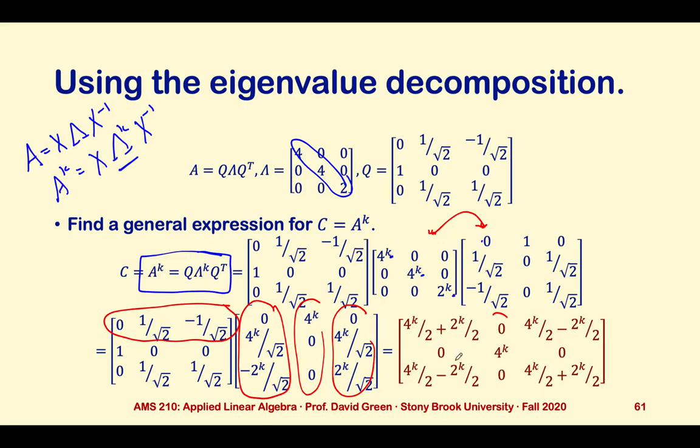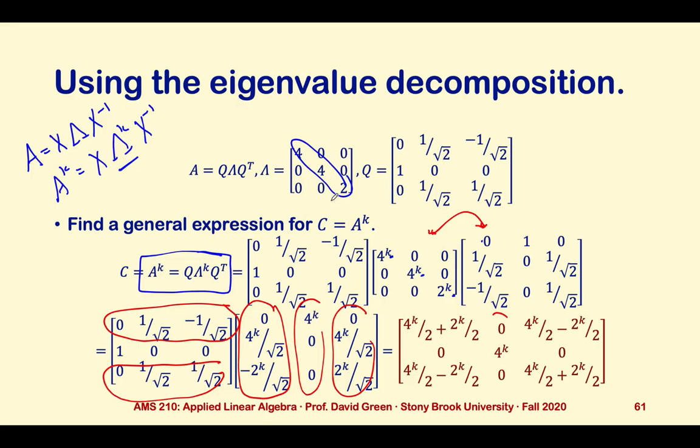The last row looks almost exactly the same as the first row, with a different sign here, so the forms are going to look almost the same: 4 to the k over 2 minus 2 to the k over 2, 0, and 4 to the k over 2 plus 2 to the k over 2. We note that this is a symmetric matrix, as it should be, given that we know that A started out as a symmetric matrix. That gives the general form for A to the k.